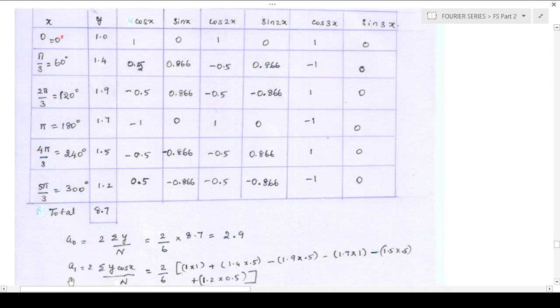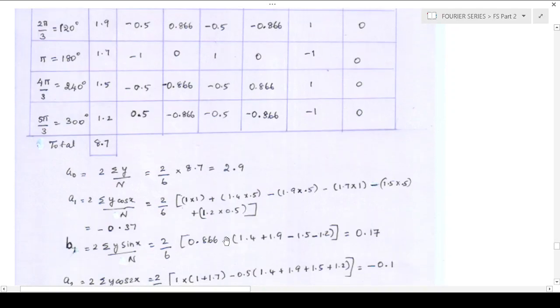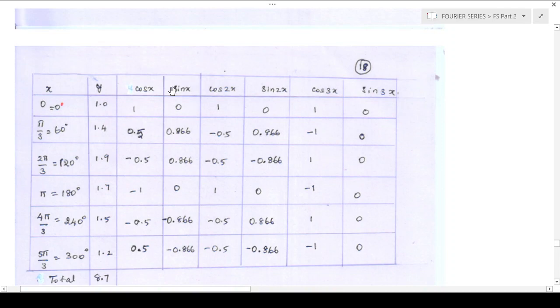What is a1? It is twice summation y cos x divided by n. Y cos x means you have to multiply y into cos x value: 1 into 1, 1.4 into 0.5, 1.9 into minus 0.5, 1.7 into minus 1, 1.5 into minus 0.5, 1.2 into 0.5. You will be substituting the values like this. But I'll suggest a simple thing here.